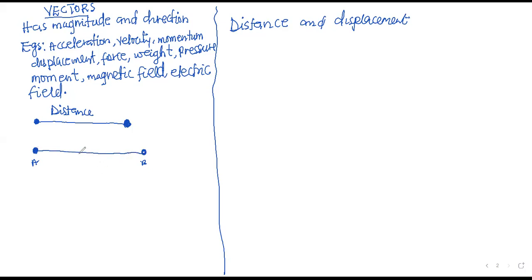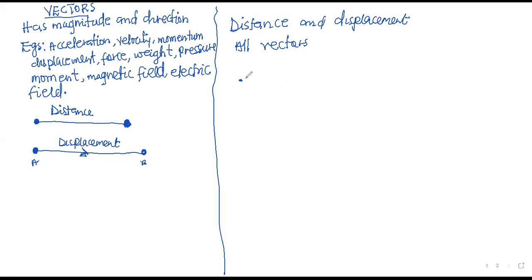Because we are interested in the direction, we use an arrow to indicate it. That's the difference between distance and displacement. In distance, we are only interested in the amount of movement, whereas in displacement we are interested in both amount of movement and direction. All vector quantities must be indicated with magnitude and direction.